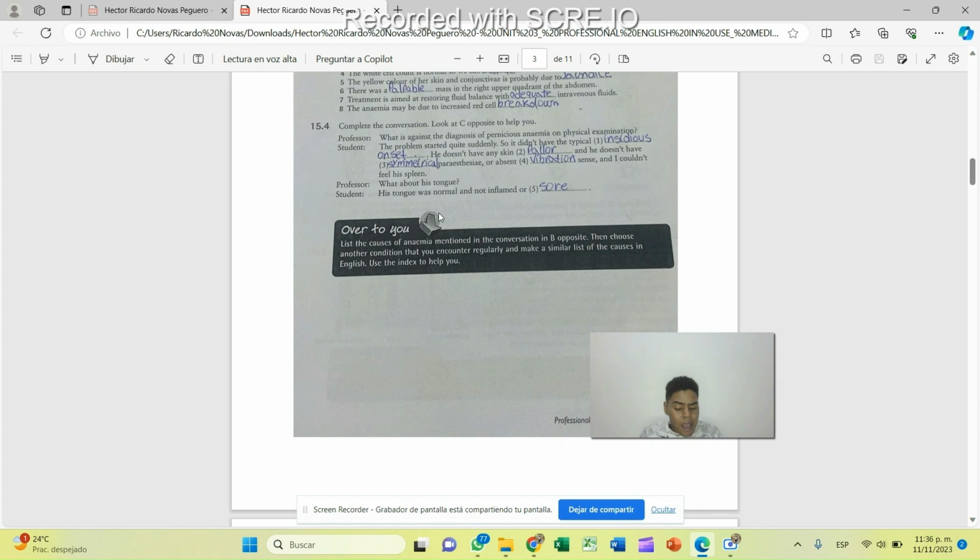He doesn't have any skin pallor and he doesn't have symmetrical paresthesia or a loss of vibration sense. Professor, what about his tongue? Student, his tongue was normal and not inflamed or sore.